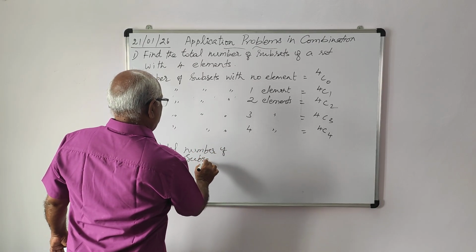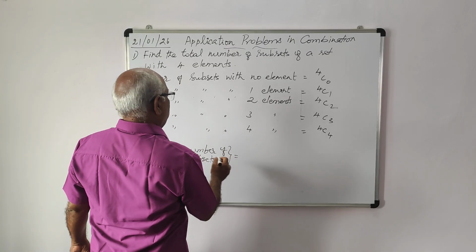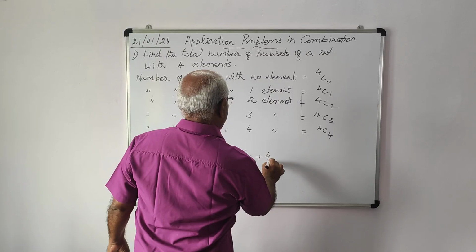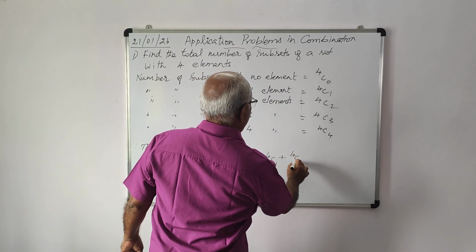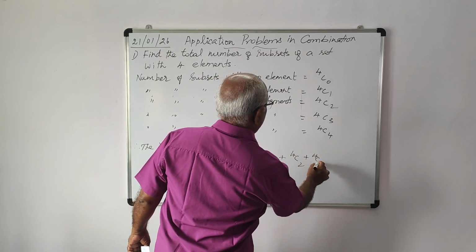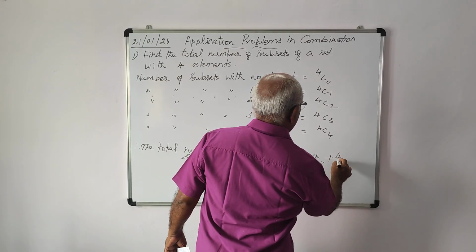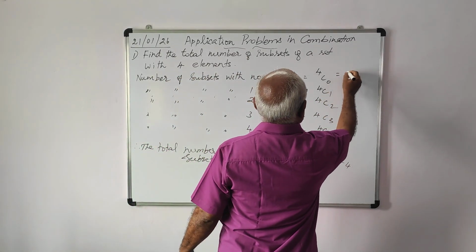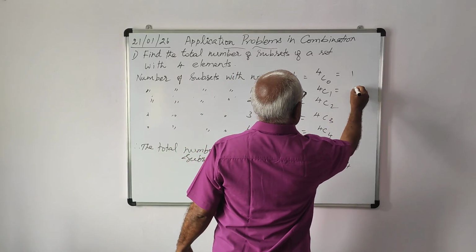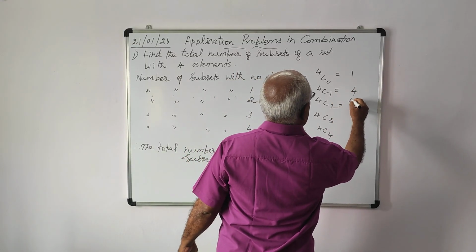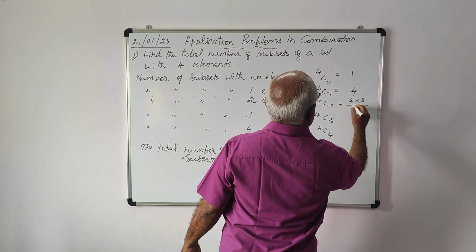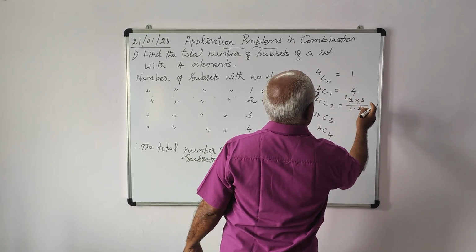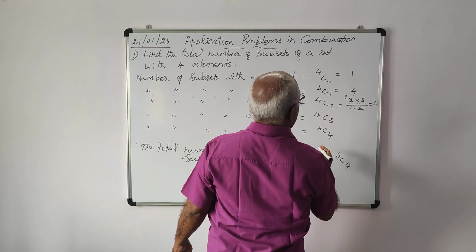Therefore, the total number of subsets of a set containing 4 elements is 4C0 plus 4C1 plus 4C2 plus 4C3 plus 4C4. 4C0 is 1. 4C1 is 4. 4C2 is 4 into 3 by 1 into 2, which is 6.